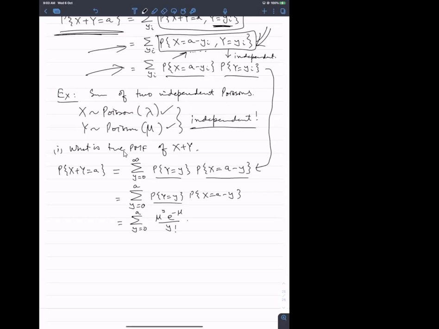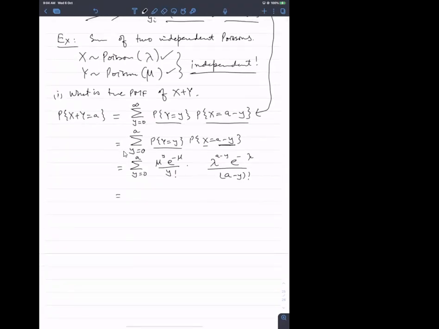Similarly, x is also a Poisson, and its PMF we have to write at a minus y. X is a Poisson with parameter lambda: lambda power a minus y, e to the minus lambda, over a minus y factorial.